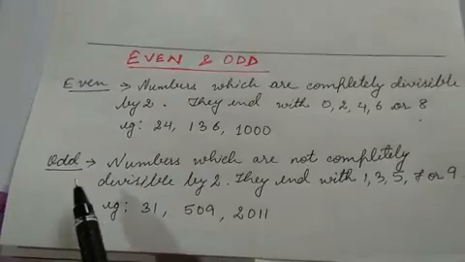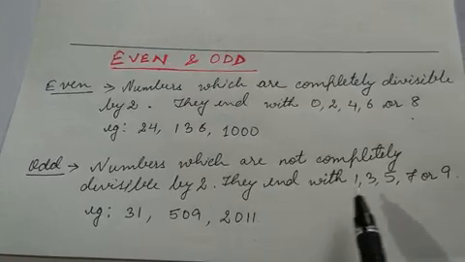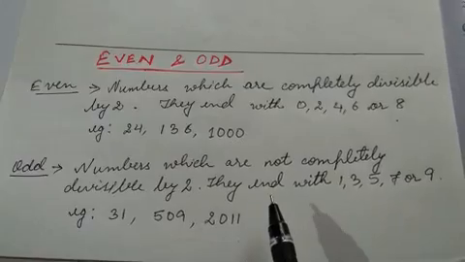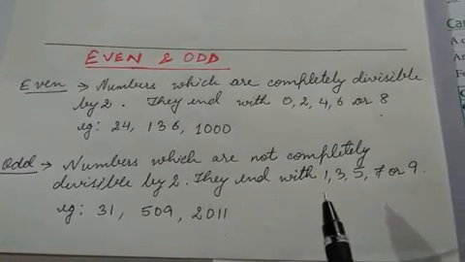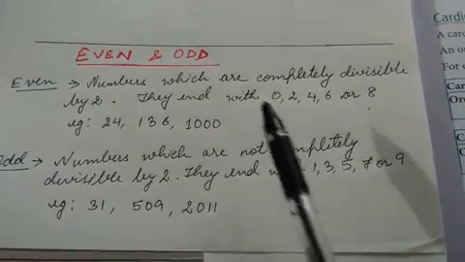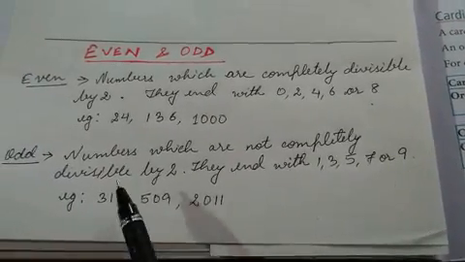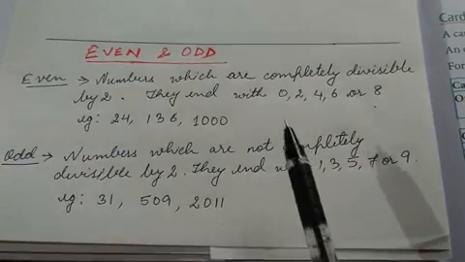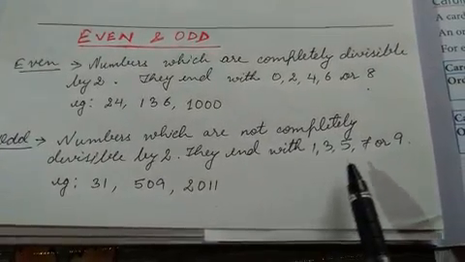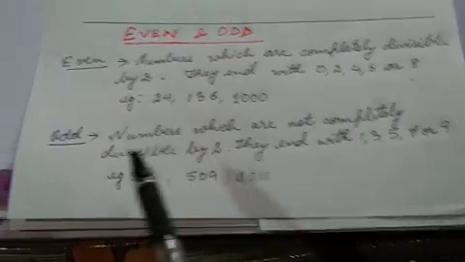The odd numbers are the numbers which are not completely divisible by 2, and they end with 1, 3, 5, 7 or 9. Other than the digits 0, 2, 4, 6, 8, which are even, the digits 1, 3, 5, 7 or 9 are called odd.